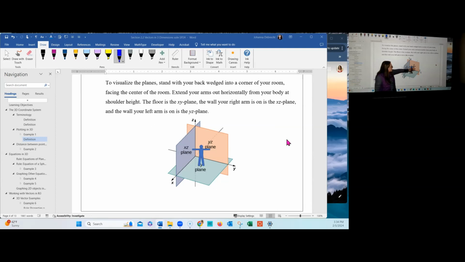So when you're looking at it, you can tell that this is splitting our three-dimensional space, not into 4 regions like a 2-dimensional coordinate system, but it's actually splitting it into 8. So we have 4 on the top of the floor, and we have 4 on the bottom. And the way that we number these is in the same pathway that we would do before.